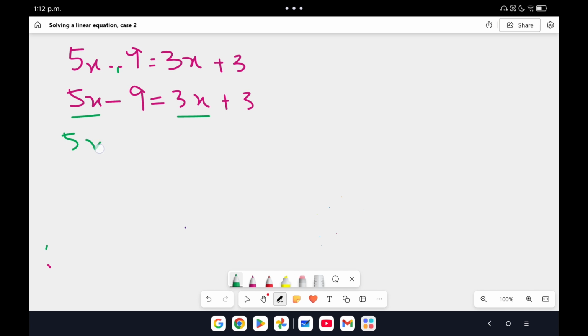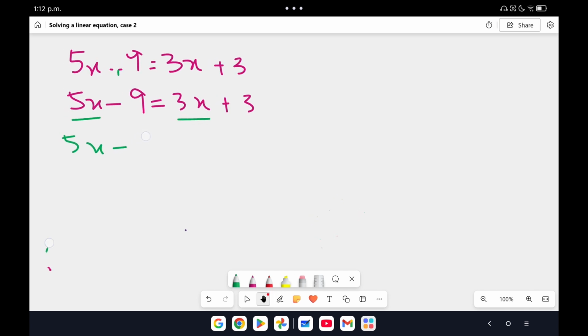So I'll try to cancel this 3x by subtracting 3x on both the sides. You can see that on both the sides I have added negative 3x to cancel this 3x.